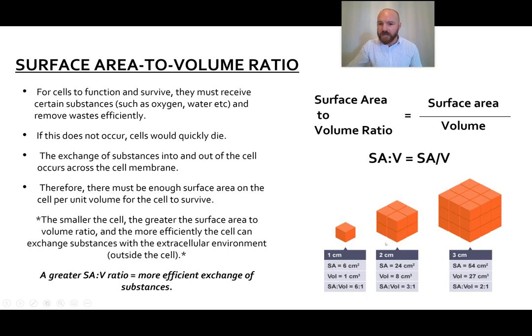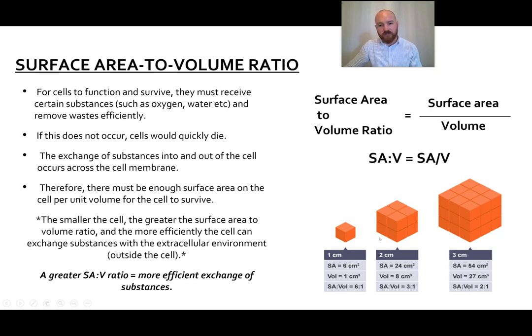As we get bigger, we can see that those numbers change. Our surface area here now is 2 times 2 for the area of that face, which is 4. And then when we multiply that by 6 for the 6 faces, we end up with 24 centimeters squared.